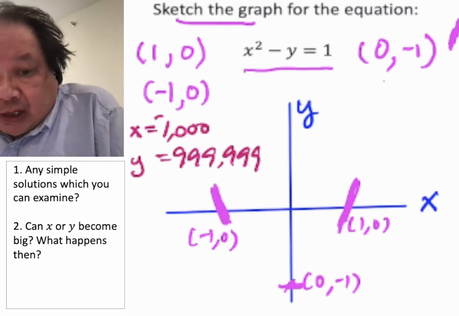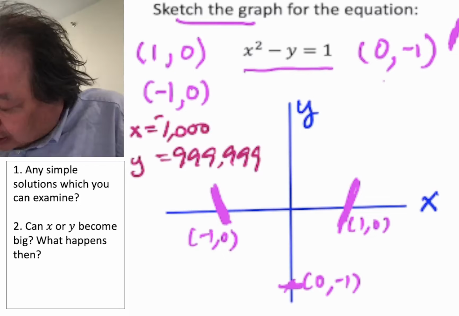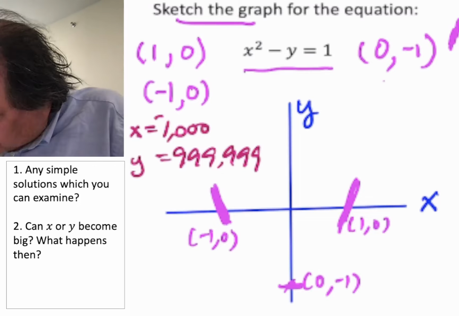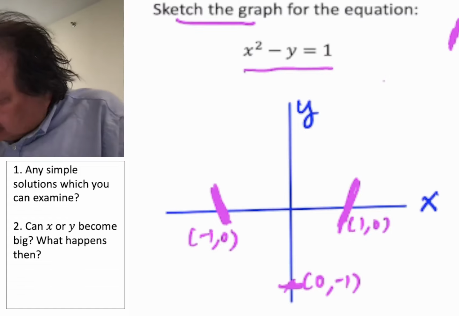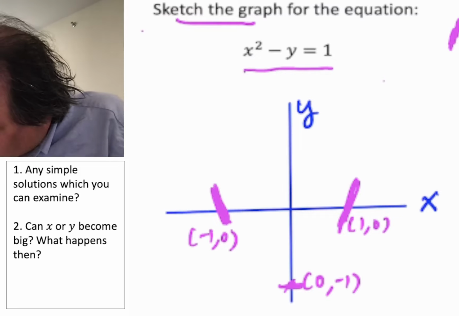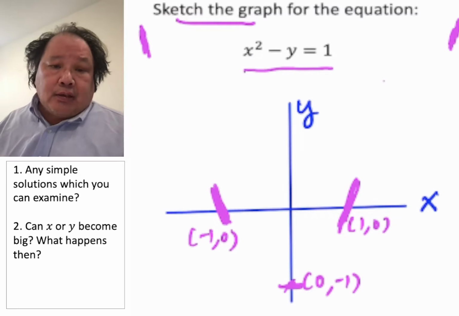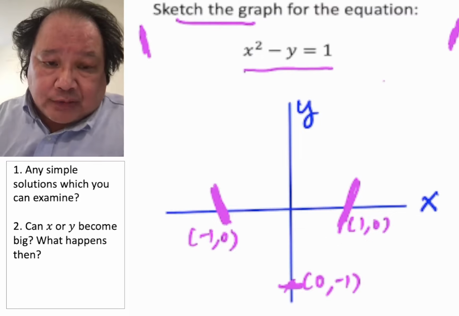For x a negative big number, y is a really huge positive number. And so we could draw that here. We'll make x a big negative number and y a really big positive number. Okay, so we're getting an even better idea what the function might look like.